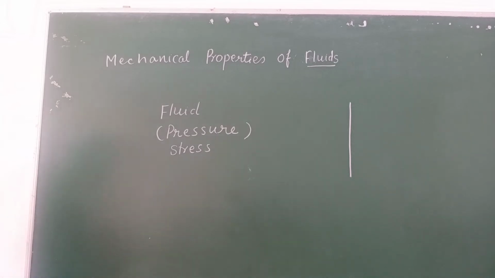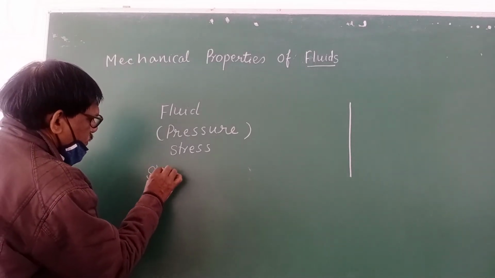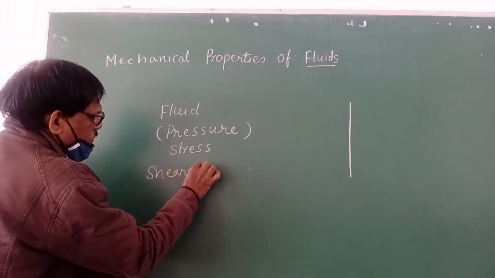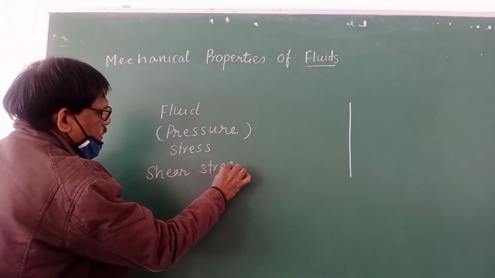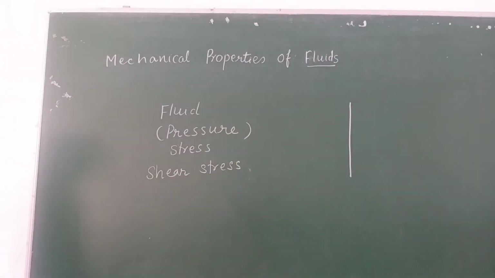In the previous chapter, we saw that shear stress can produce a change in shape. The key property of a fluid is that it offers very small resistance to shear stress.